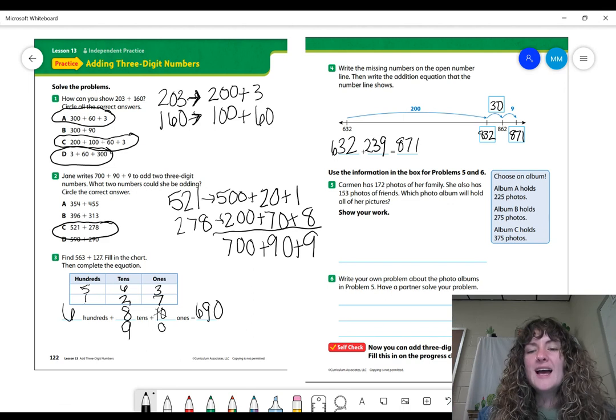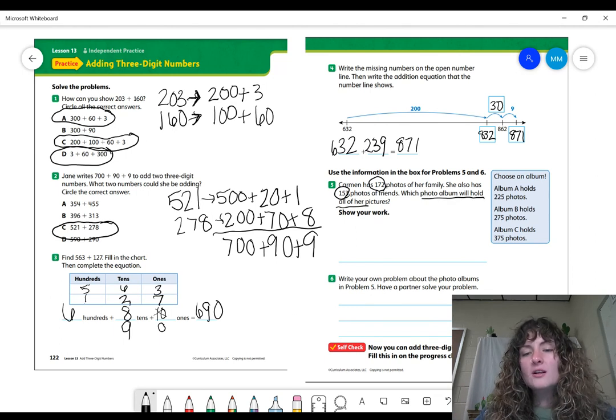So Carmen has 172 photos of her family. That is an important number. I'm going to circle it. She also has 153 photos of friends. Which photo album will hold all her pictures?